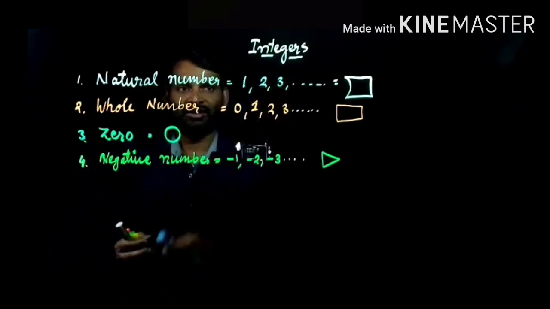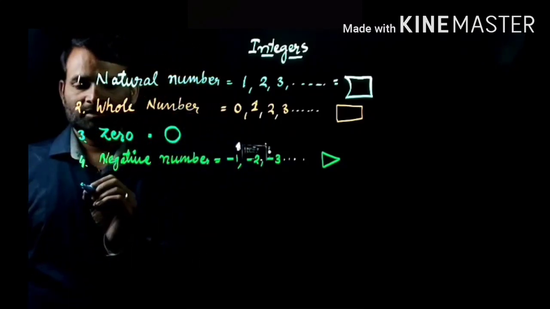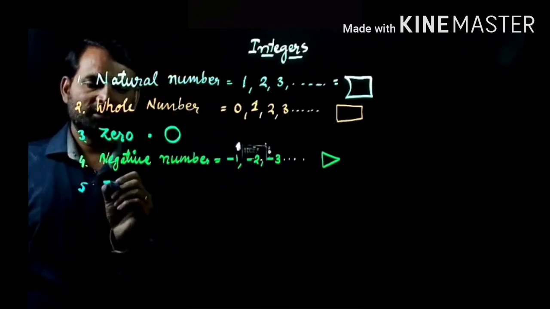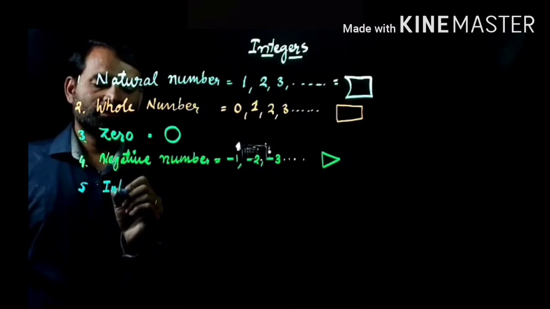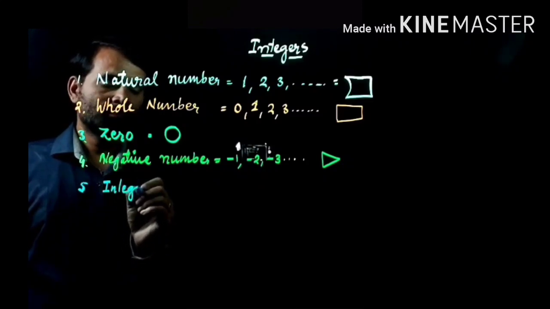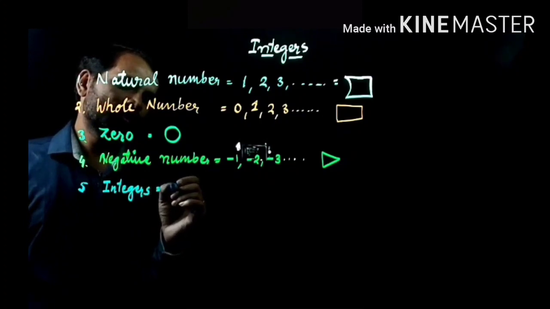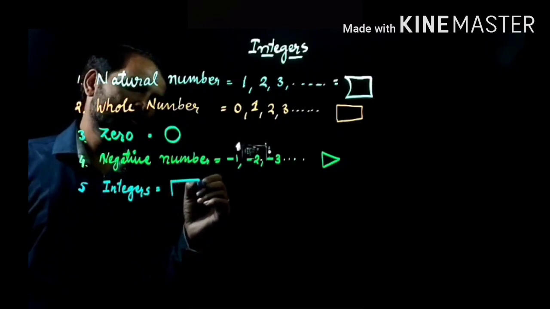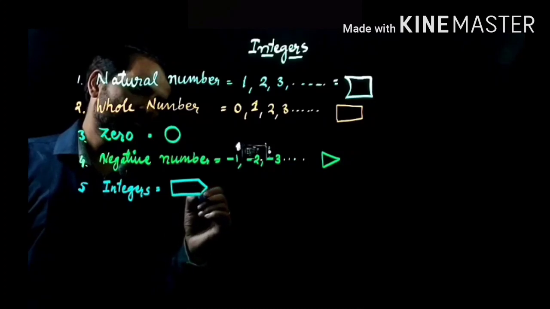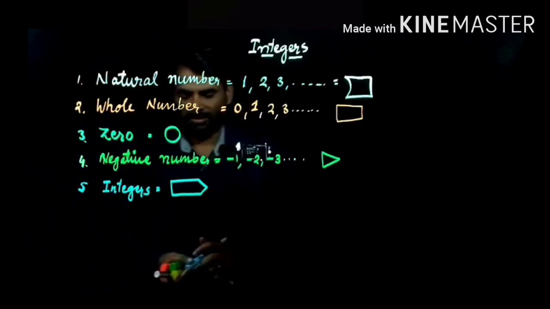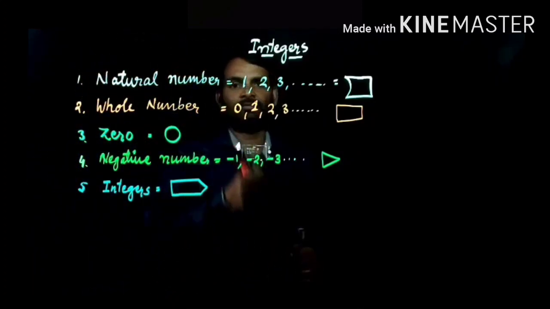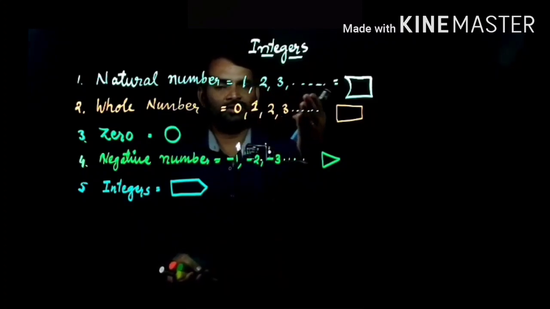And the fifth is integers. The first is the natural number, which starts from 1, 2, 3, 4 and so on.